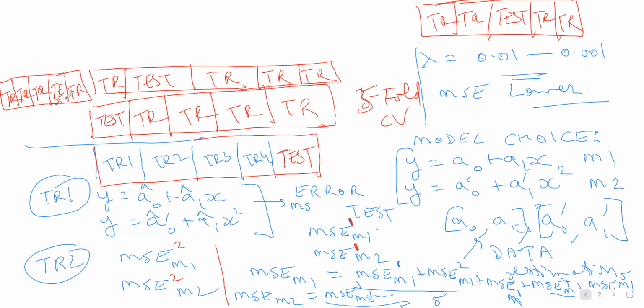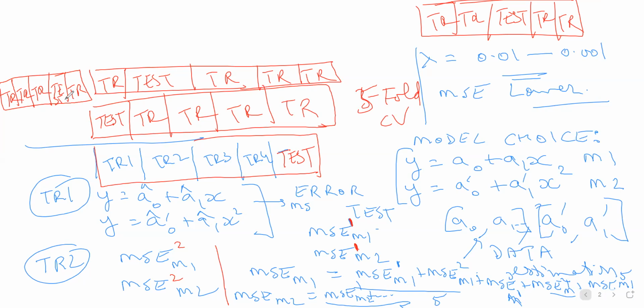Basically, this is the five-fold cross validation. What we are testing is TR1 versus TR2 versus TR3 versus TR4. We are calculating the MSE on the test data 5 times for model 1.